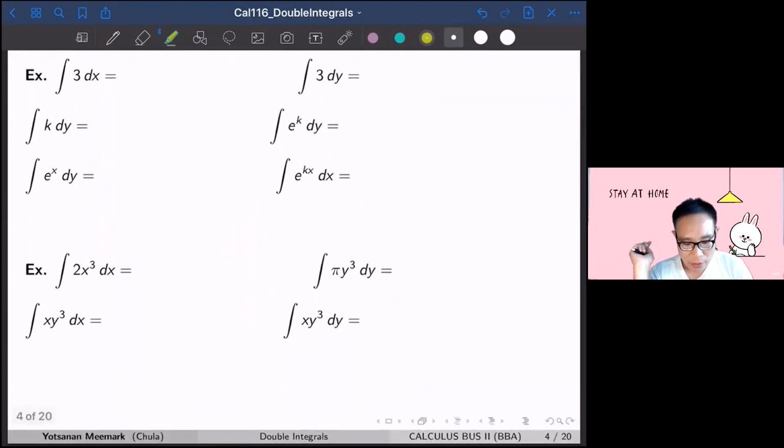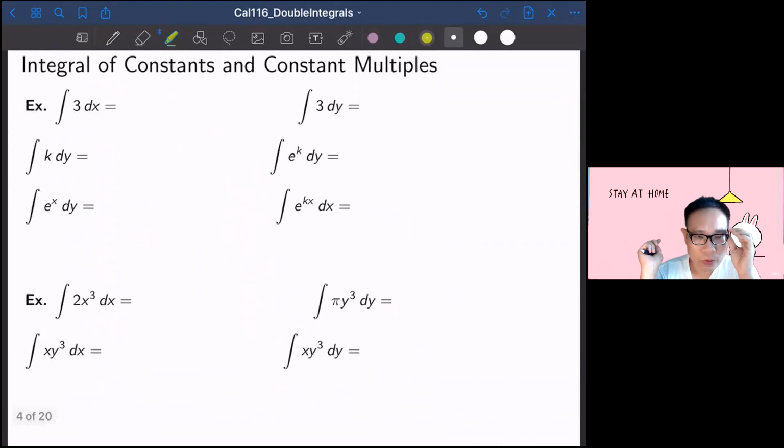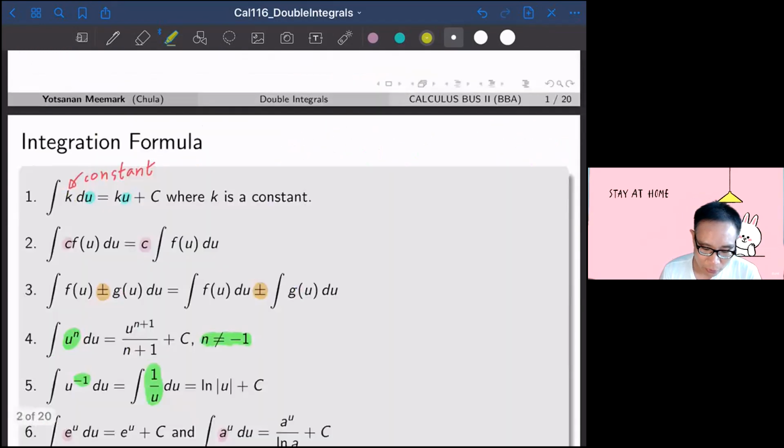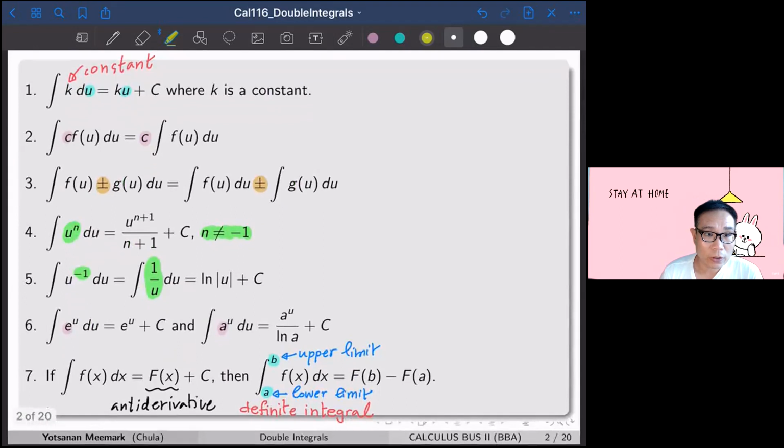Okay. The next one that I'd like to talk about turned out to be something very simple. However, it's going to be the key thing in order to do the double integral. It's the integral of a constant and the integral of constant multiples. For this one, you learned the formula that when you integrate a constant, it's going to be that constant multiplied by the variable of integration.